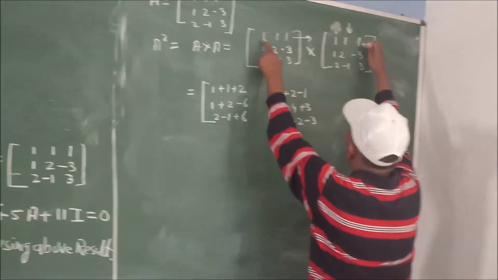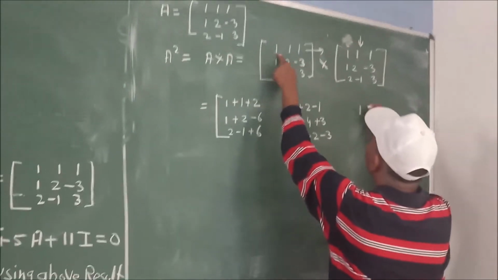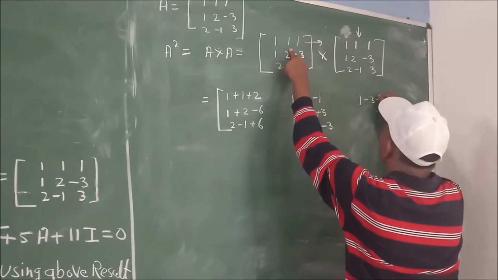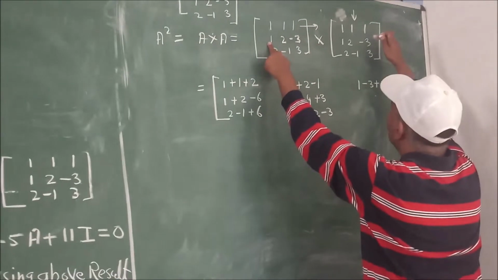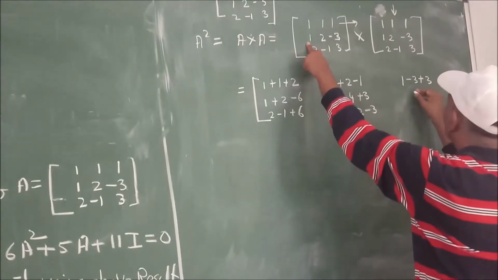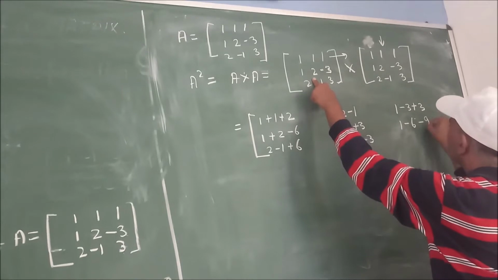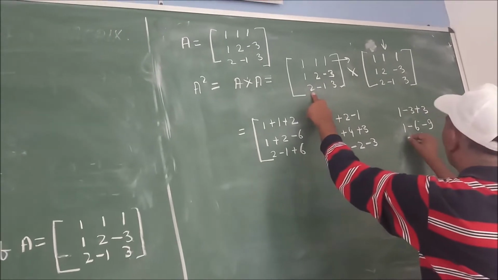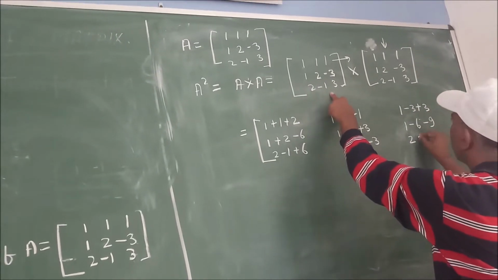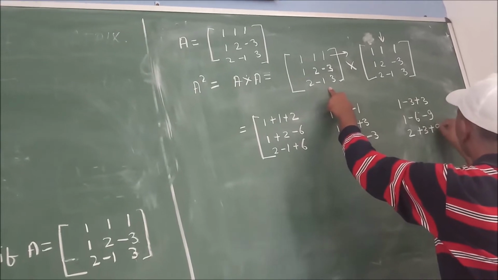Again multiply 1 into 1, 1 minus 3 plus 3. And again 1 into 1, 1 minus 6 minus 9. And last 2 plus 3 plus 9.